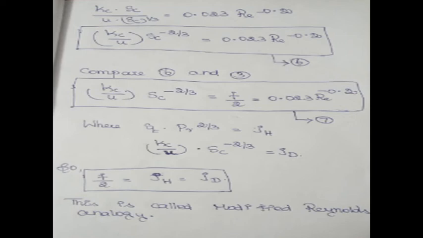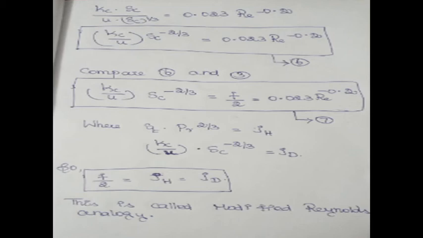What about the LHS? In the third expression it is F/2, in the sixth expression Kc by u into Sc power minus 2/3. So finally we get Kc by u into Sc power minus 2/3 is equal to F/2 is equal to 0.023 Reynolds power minus 0.2. This is the seventh expression.